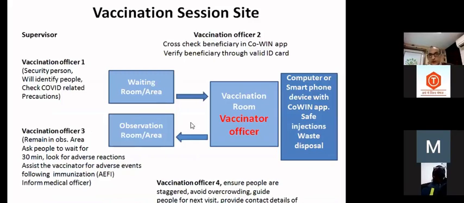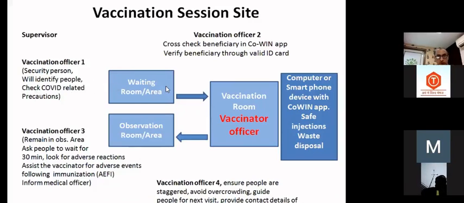So this is how a vaccination site will look like. This is a schematic, diagrammatic expression. Say this is a site at Gangaram hospital. You will be the person who is already registered on the COVID platform.